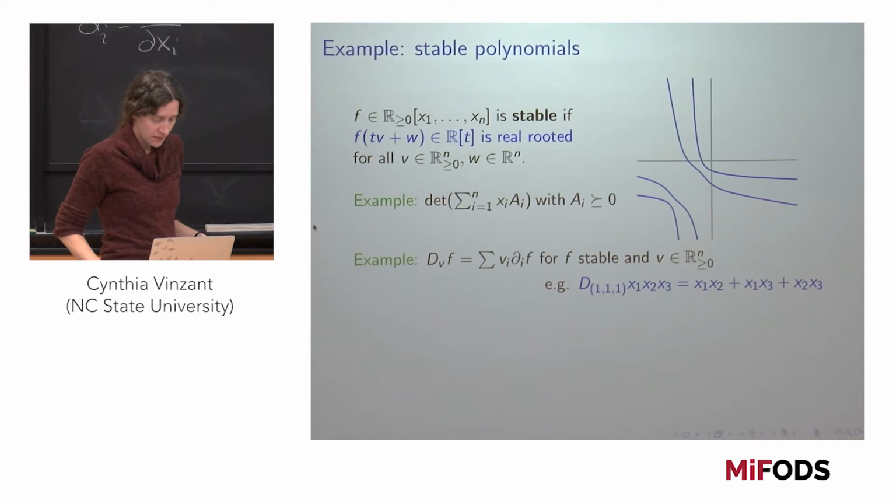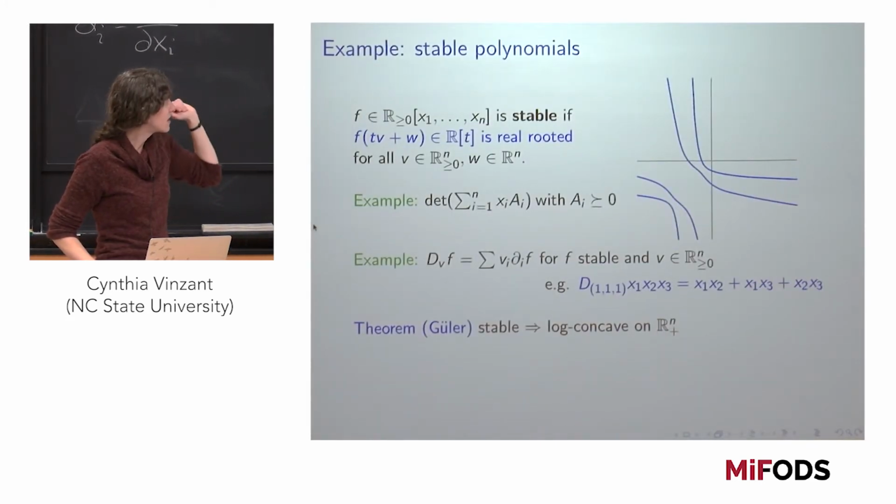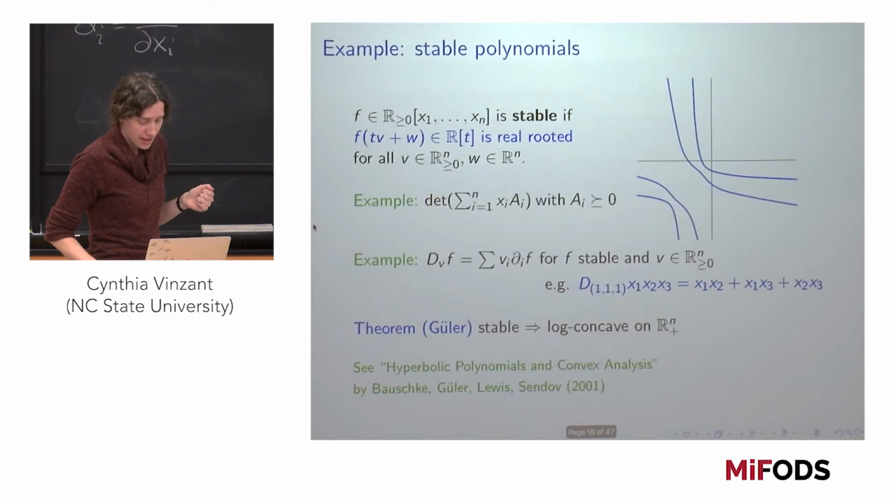And in fact, if your polynomial is stable, then it is log-concave on the positive orthant, sort of a much harder version of this calculus exercise that we did on the slide before.